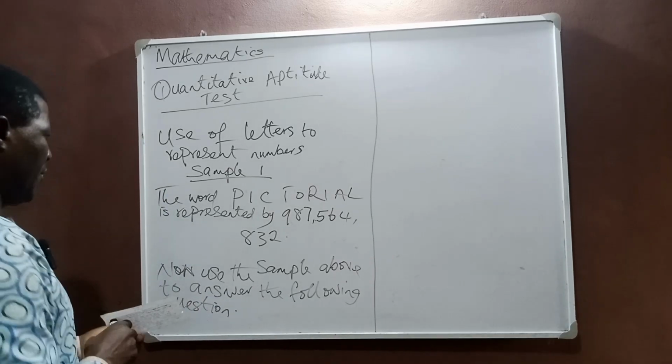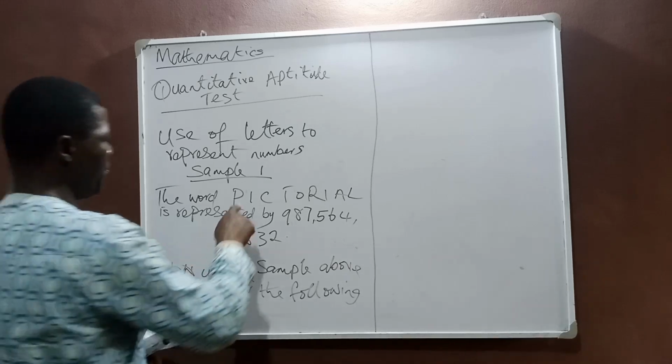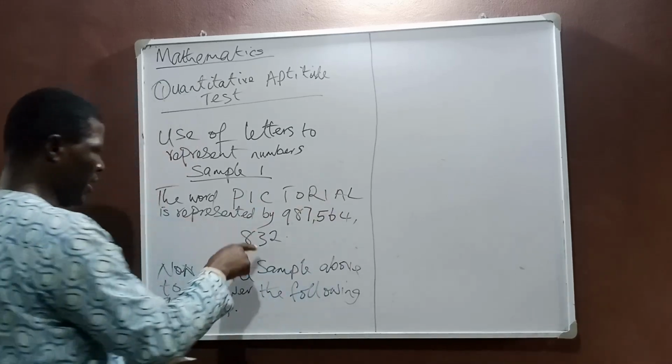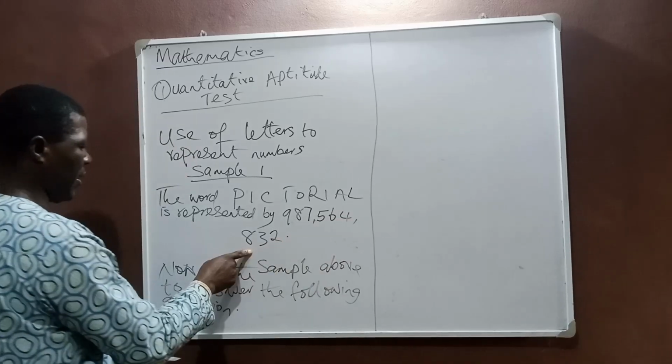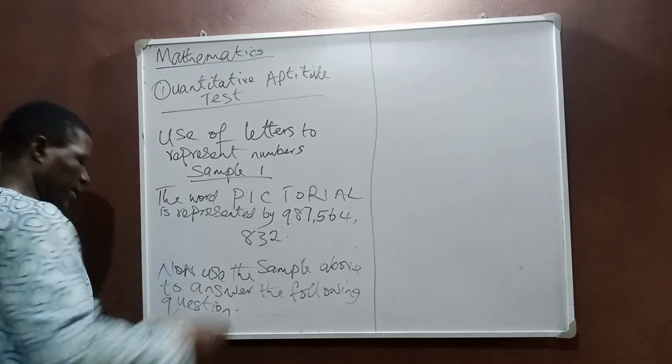This is the sample that is given to us now. They told us that pictorial is represented by these numbers. Then use this sample to answer the question.